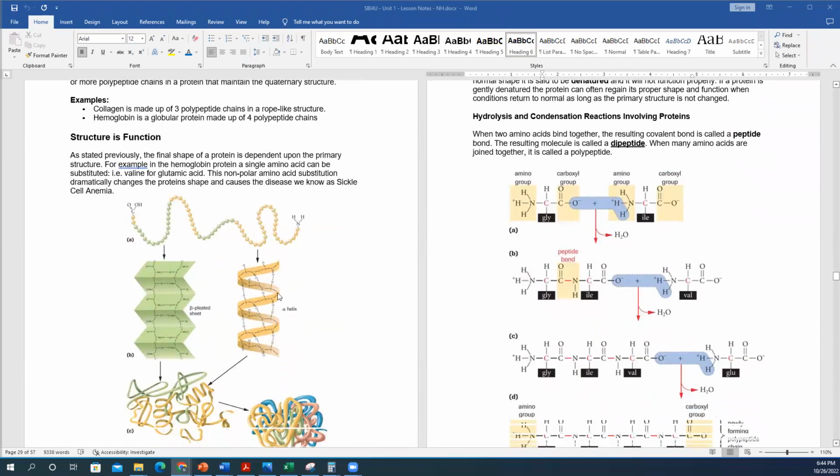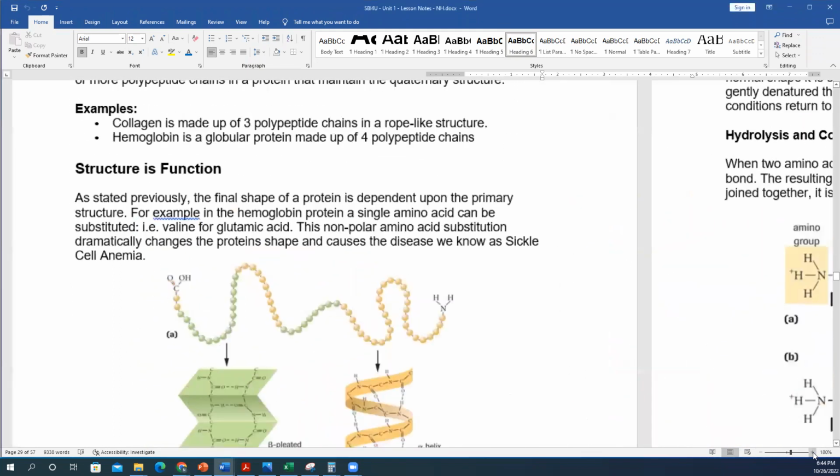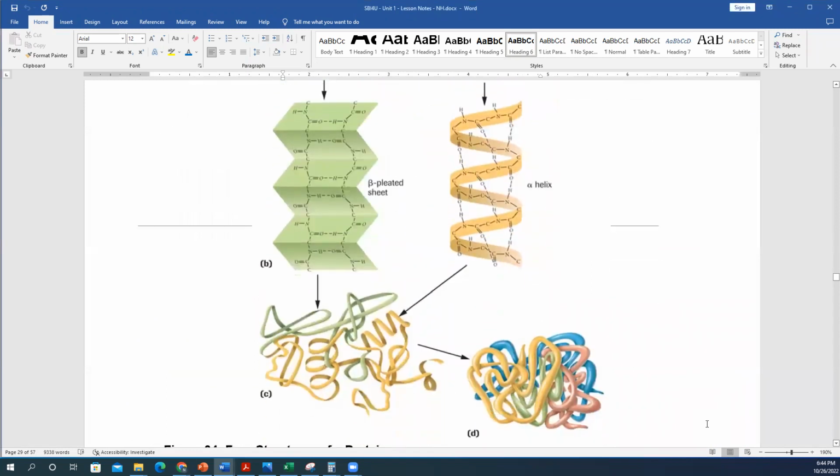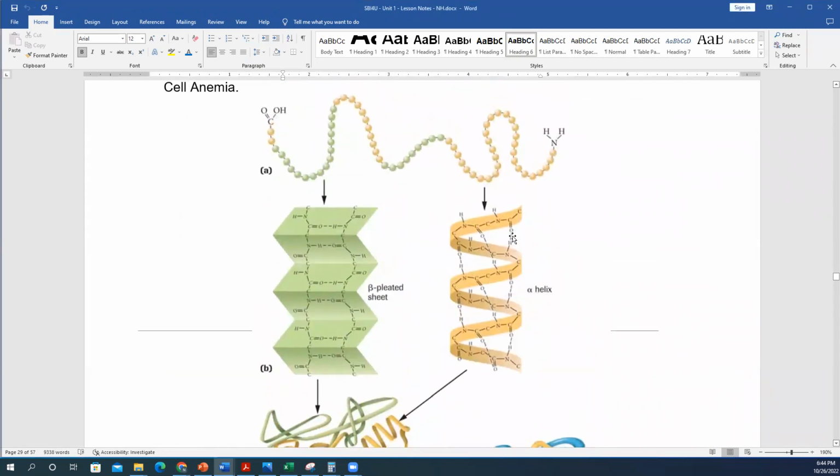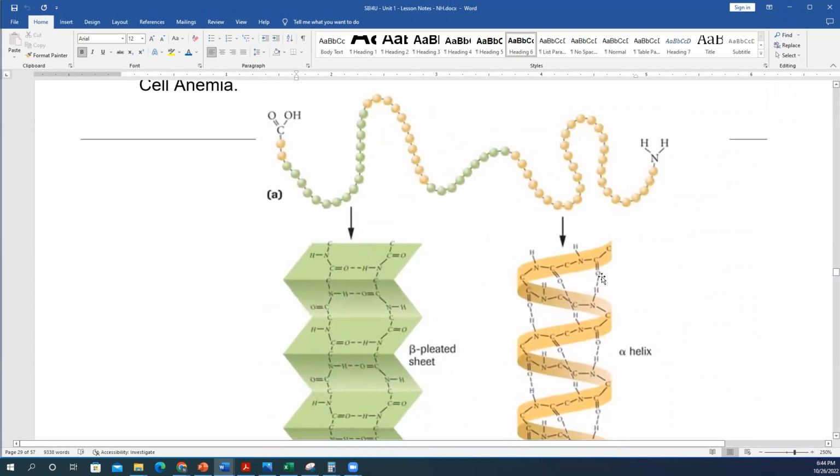So here's that right-handed coil, the helical coil called the alpha helix. If we look closely, I'll try and zoom in so that I can point. You can see this dotted line here shows the hydrogen bond across the coil that's holding the peptide chain in this coil-like arrangement.